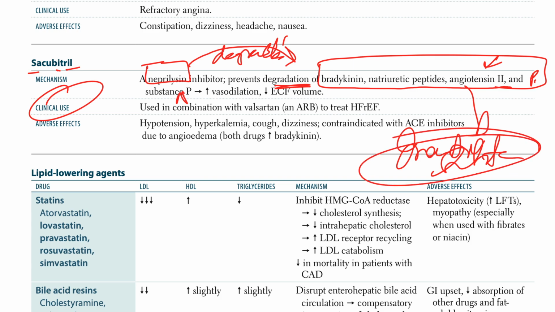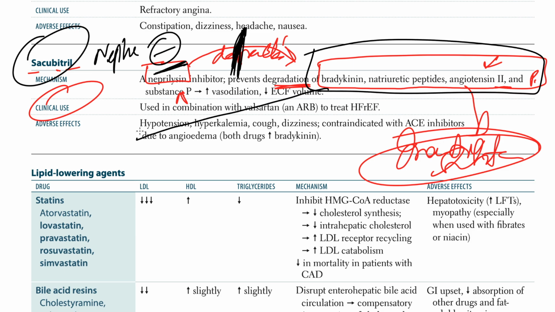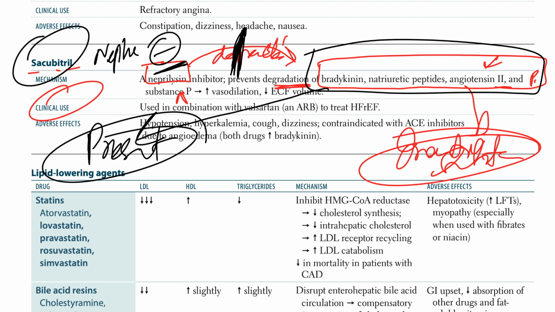Okay, now when we give a neprilysin inhibitor, which is going to inhibit this thing, that is the sacubitril. When you inhibit the degradation of all of these things, guess what's going to happen? You have all of these things present, and they will cause their action.